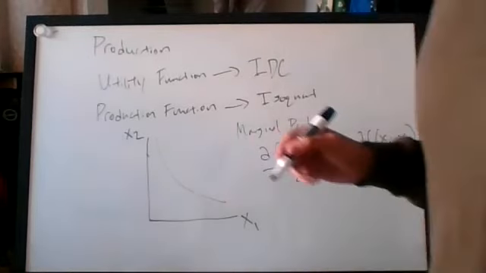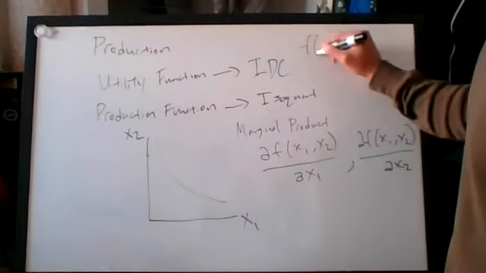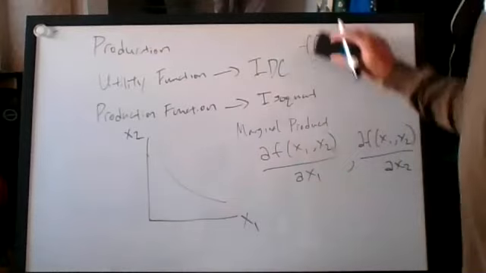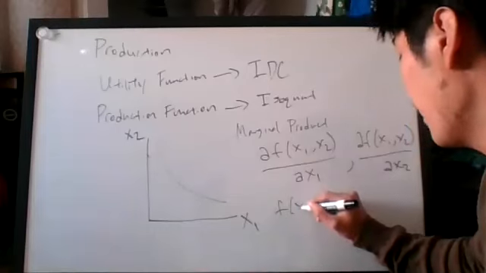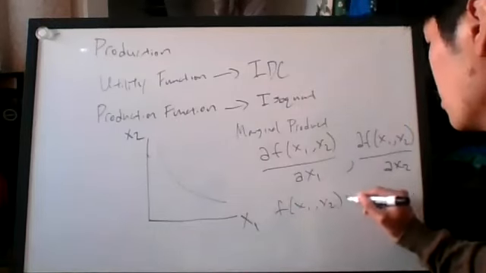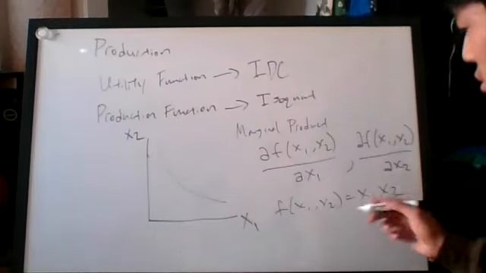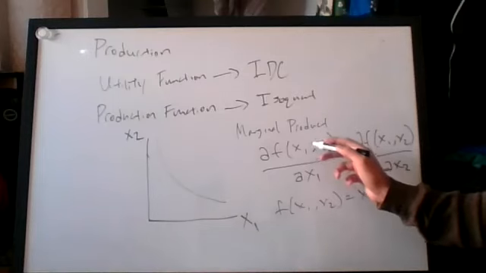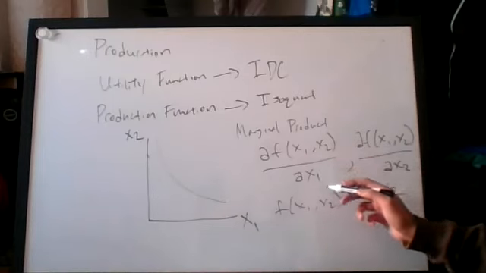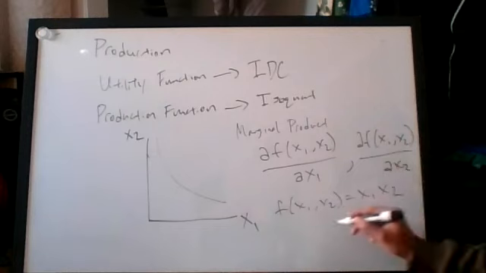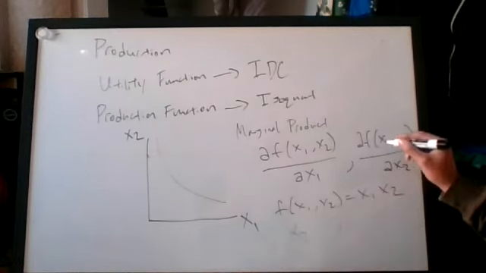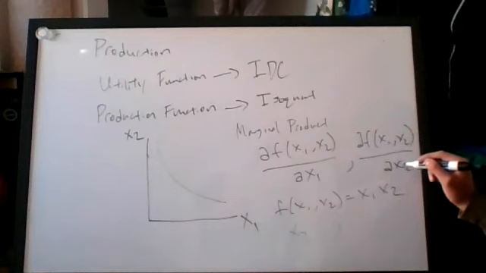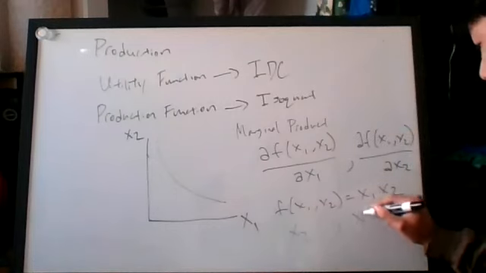And so if I had, say, f of x1, x2 equals x1 x2, this is my production function, and I'm taking it with respect to good one, or input one, right? So that'll just be x2. And if I'm taking this same production function with respect to input two, this is just x1.